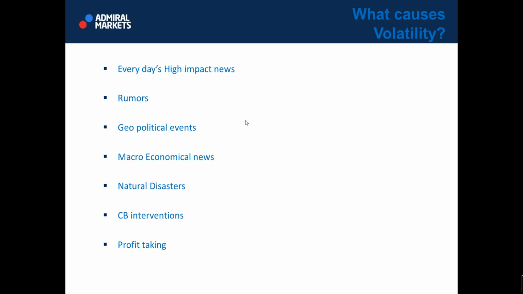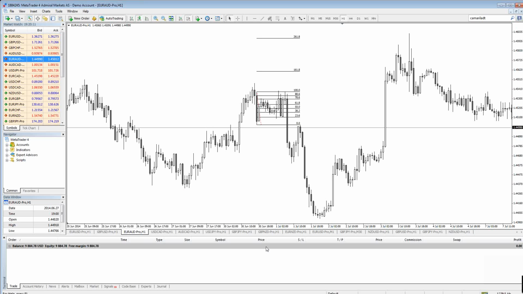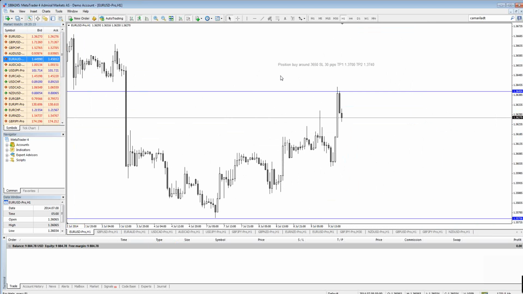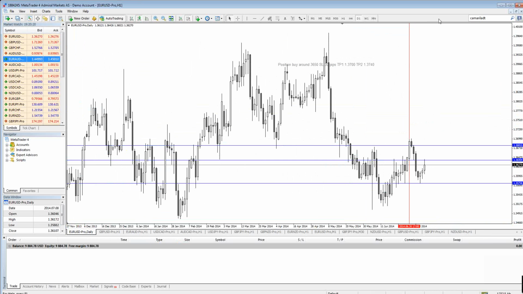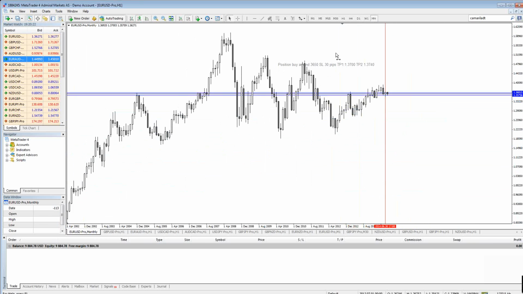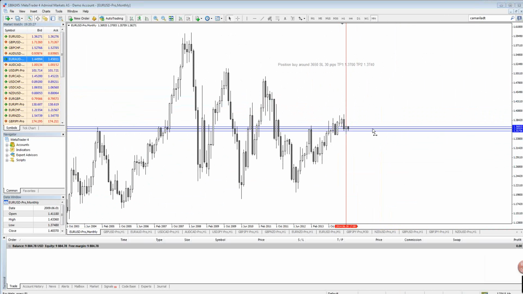Central bank interventions also. Let me find you an example of central bank intervention. Open up a daily time frame, or let's say monthly time frame, and you will see a clear sign of central bank intervention.